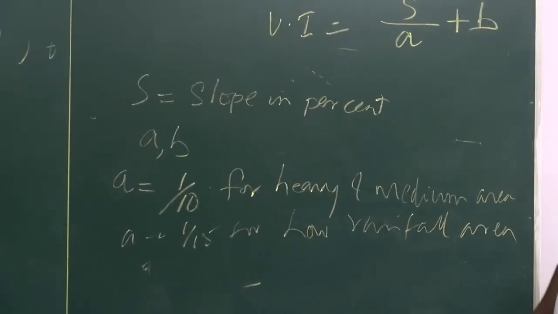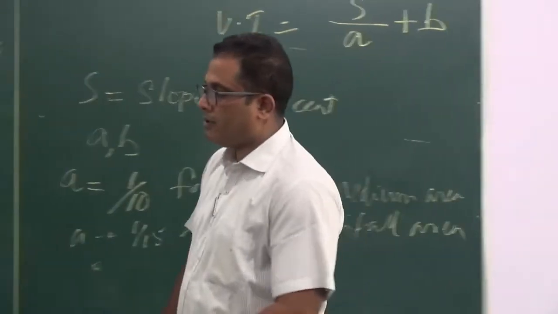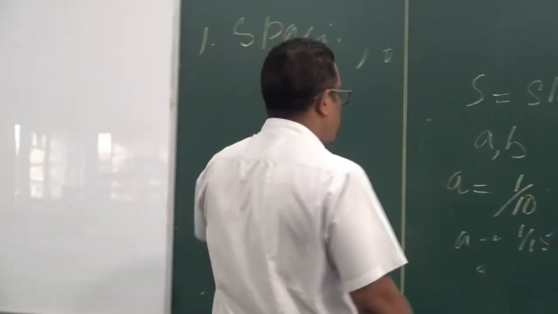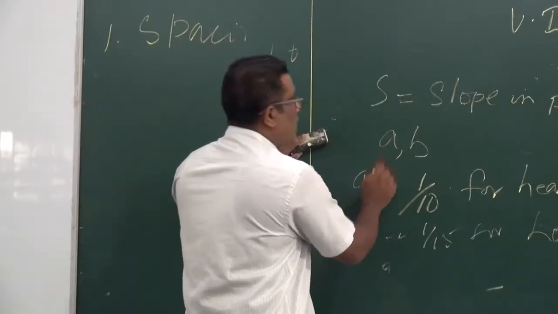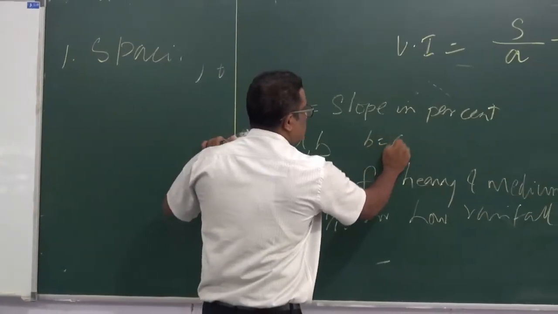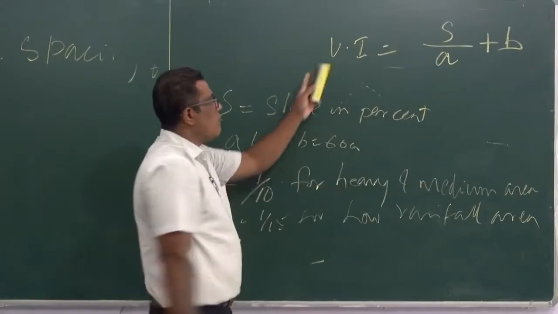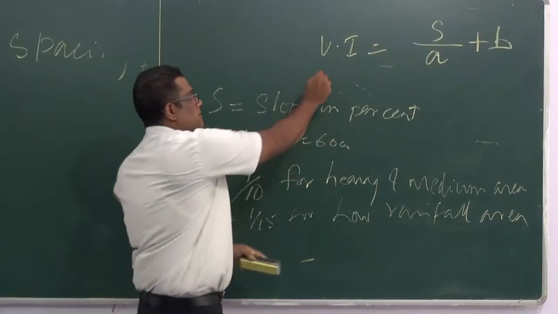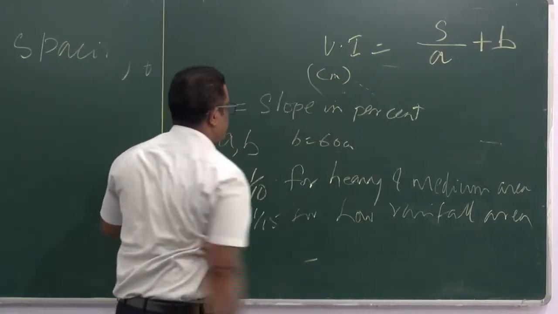The value of B is 60 centimeter, and this Vi in this formula is expressed in centimeter.